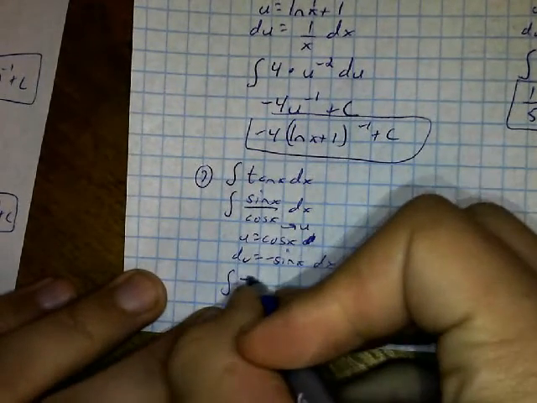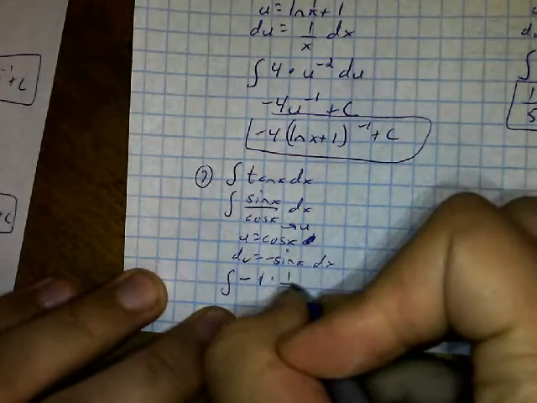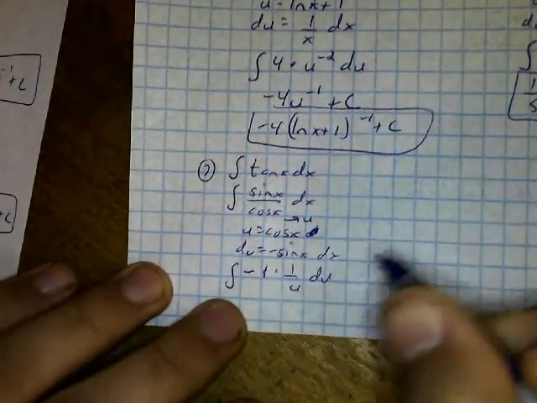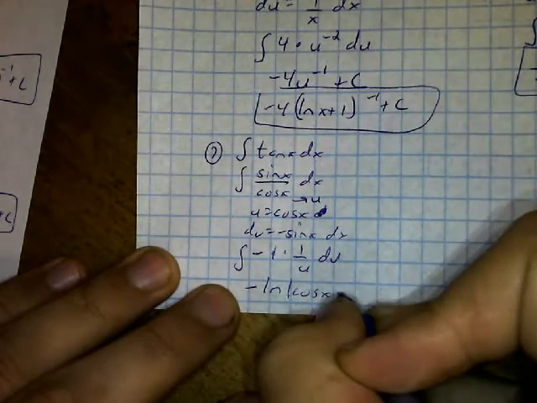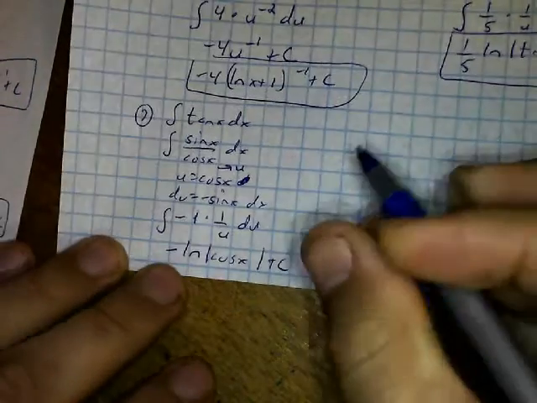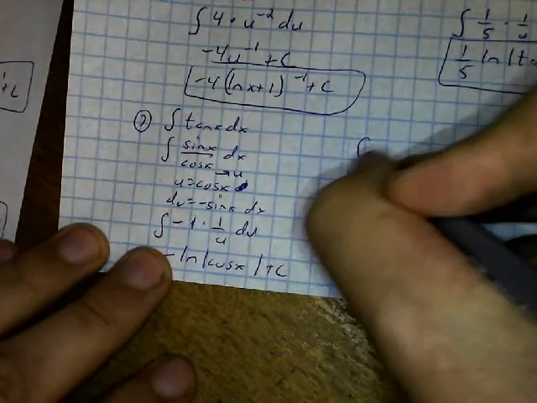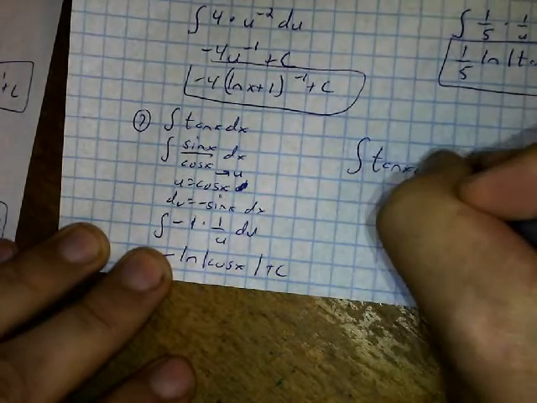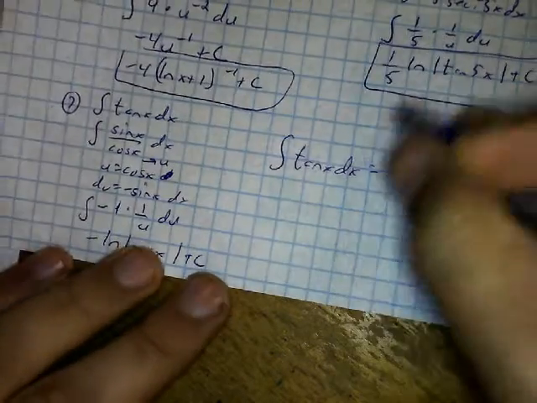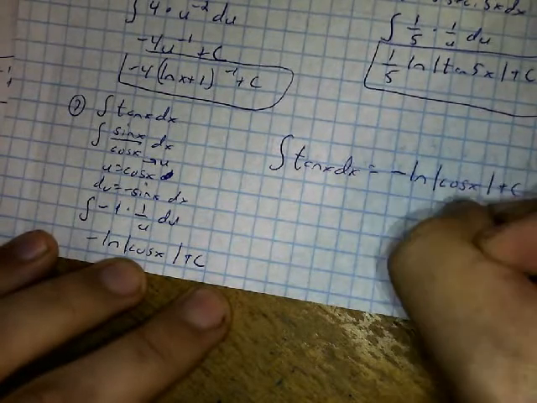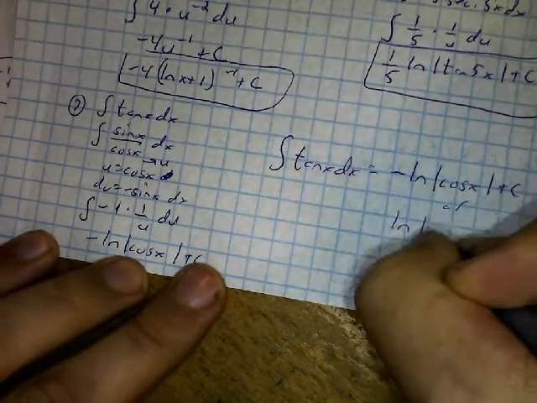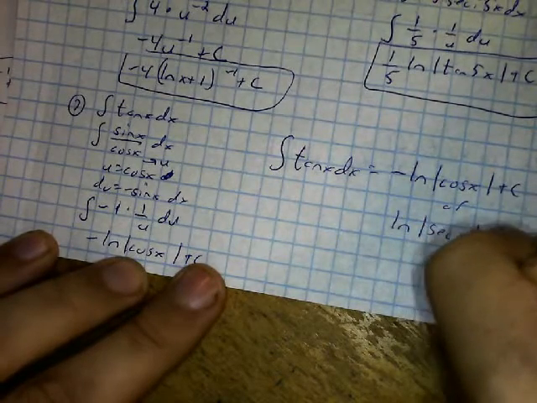Therefore, it's the integral of negative 1 times 1 over u du, or negative natural log of cosine of x plus c. So in other words, the integral of tangent of x dx equals negative ln of cosine of x plus c, or natural log of secant of x plus c.